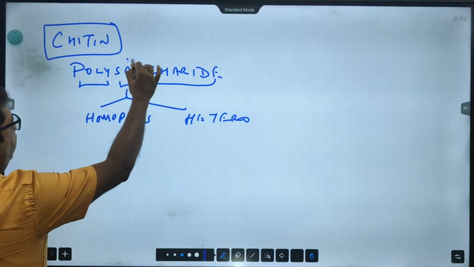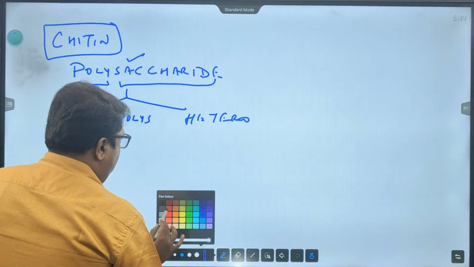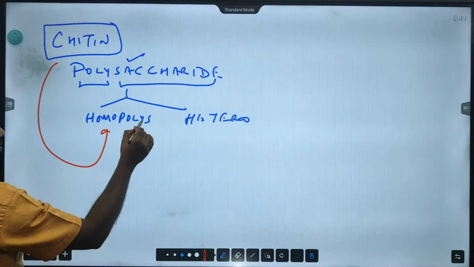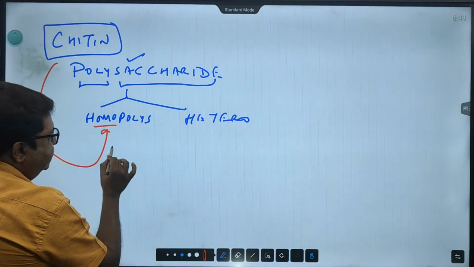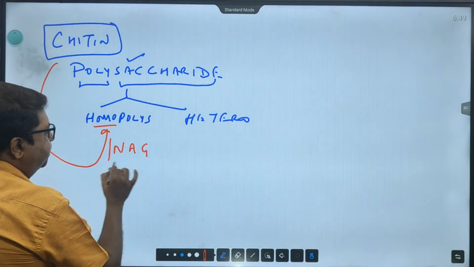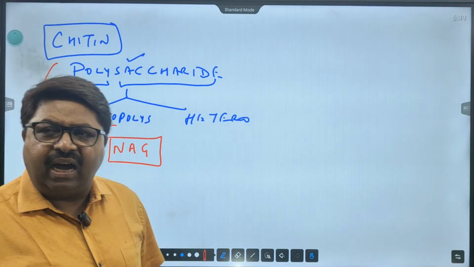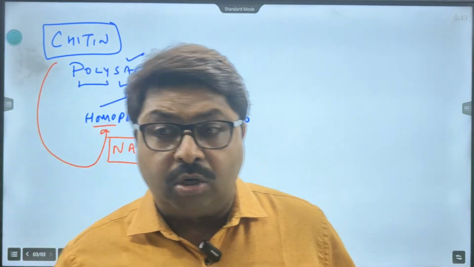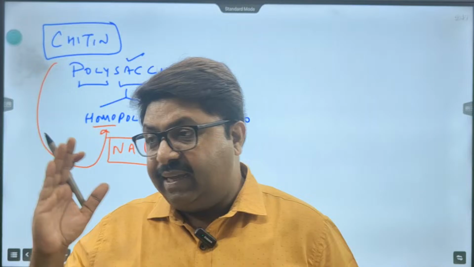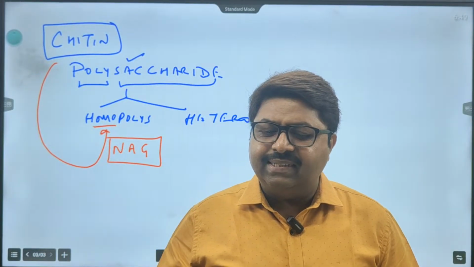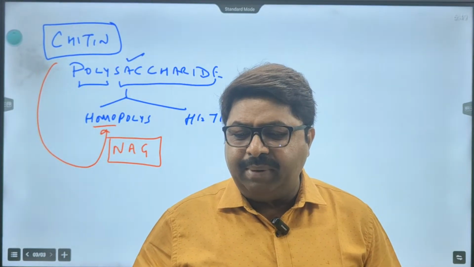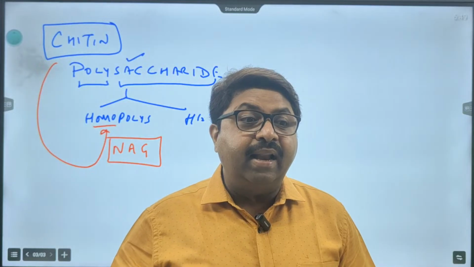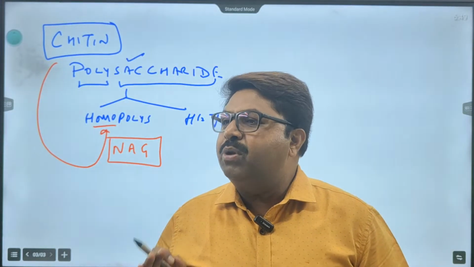Chitin is a type of homopolysaccharide. That means it is made up of repeated units of NAG. Not NAM. NAM is there in the bacterial cell wall. NAG is N-acetyl glucosamine, and NAM is N-acetyl muramic acid.